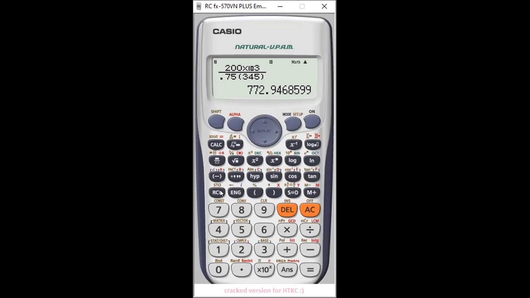So, shift, itong RCL, tapos letter B. So, ayan na yung value ng letter B. Then, for letter C, kailangan natin is JC. So, 211 times 10 to the 3 times 1. Okay. All over 944 times 10 to the 3 times yung value natin na 450 minus 10.